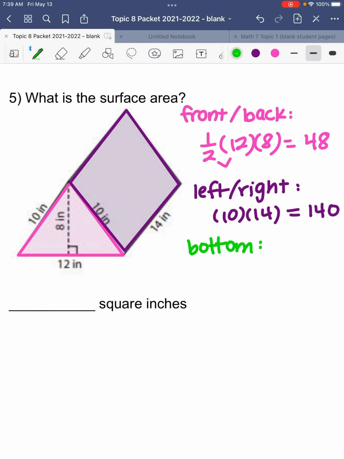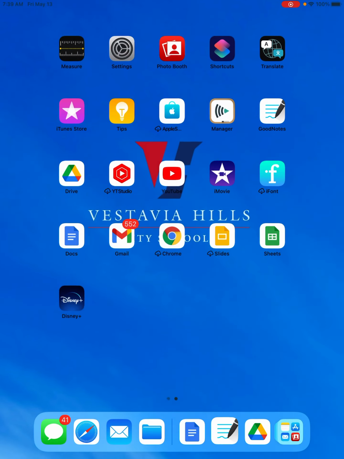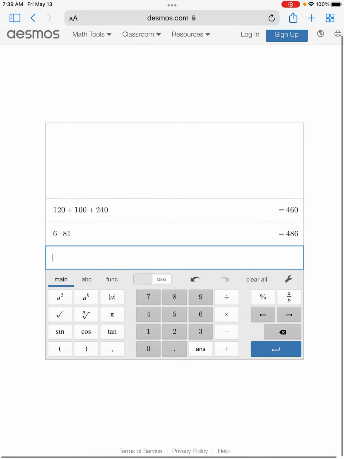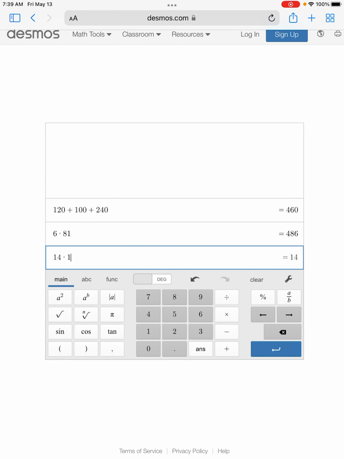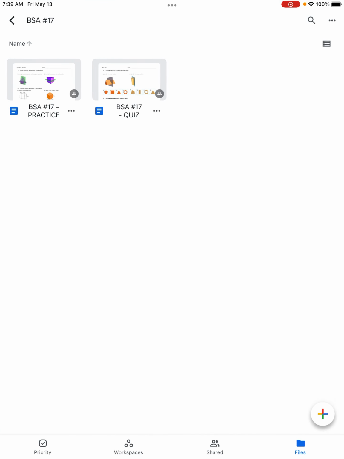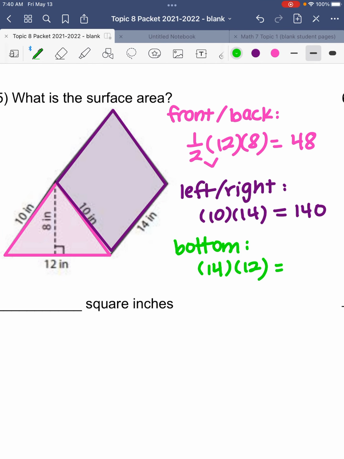It sits on that bottom, right? And it's a rectangle. So, 14 times 12, which I don't know off the top of my head, so I'm going to go to my calculator for that one. 14 times 12, I get 168. So 168. So now I'm just going to add up my areas for all of my sides.